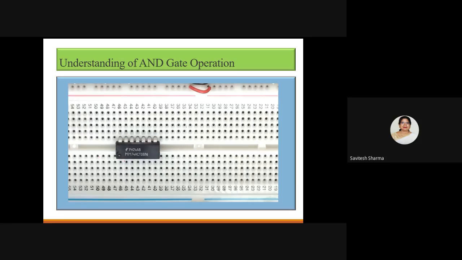So as I said, these holes are vertically connected and these are horizontally connected. So this line is generally used to give the supply or ground. So on both sides, this type of horizontal holes will be there. For simplicity, we will use these horizontal holes. One side we will use for supply and one side we will use for ground.